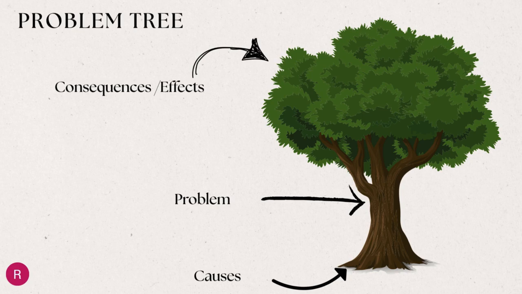So here, the problem tree. As you can see very clearly in a tree, the middle part, the trunk, represents the problem, and the roots are the very core, important part of the tree. The roots represent the causes, and the branches represent the consequences and effects.